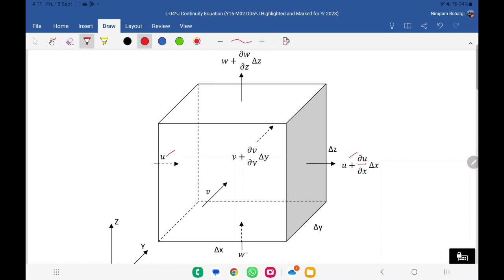Similarly, mass is entering here with velocity w, and it is coming out with the velocity w plus del w by del z into delta z. And similarly on the front face, mass is entering with velocity v and going out from the back face with the velocity v plus del v by del y into delta y. This is how the mass is flowing.